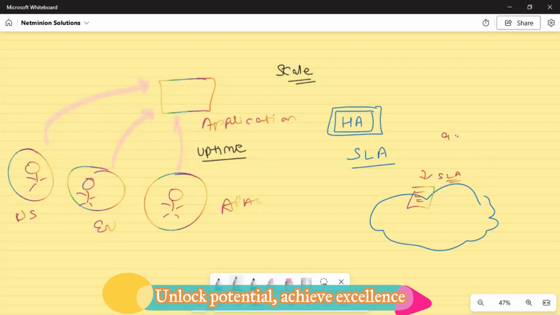This SLA can be 99%. This SLA can be 99.9%. This SLA can be 99.95%. This SLA can be 99.99%. Like that. So SLA percentage means the maximum amount of allowed downtime a service can experience over a period of time.